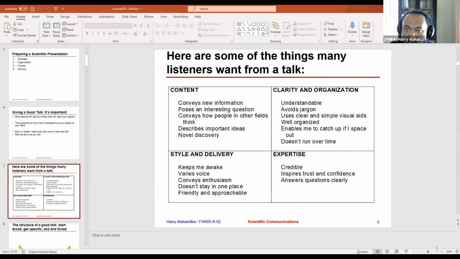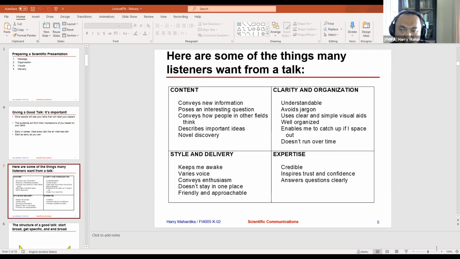And then the fourth thing that viewers or listeners will see from each presenter is their expertise, how they understand the problem and how the speaker knows how to solve a certain problem. They will see whether the speaker is credible, inspiring, or able to answer questions clearly.